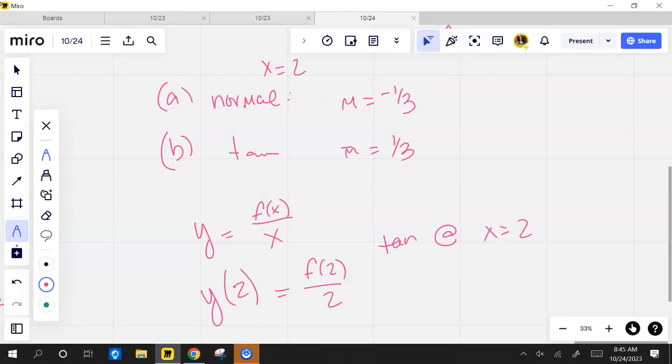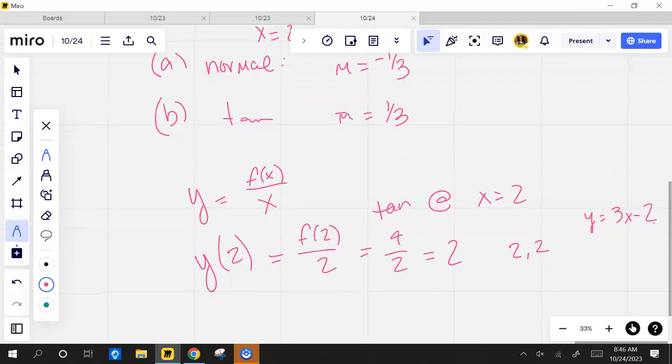Yeah, 3x minus 2. If you plug in 2 to that initial y equals 3x minus 2, that'd be 6 minus 2, which is 4, over 2, which is 2. So this point is 2, 2.